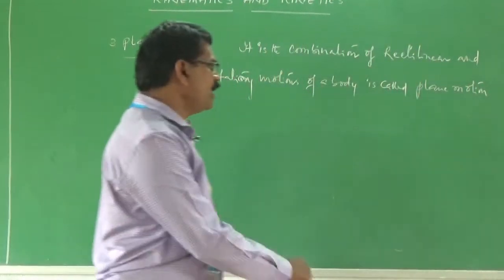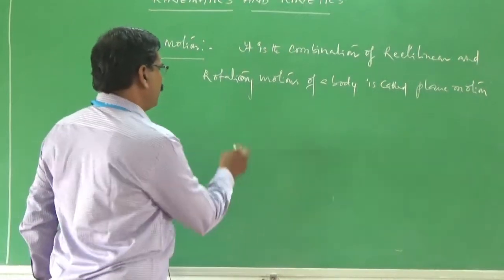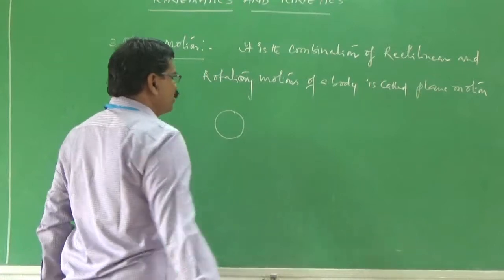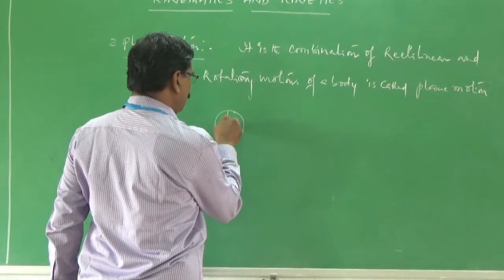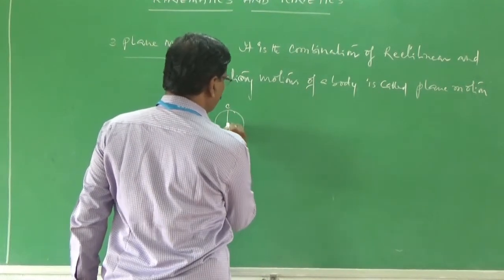If I would like to draw a diagram to explain both rectilinear and rotatory motion, it should be constructed like this. I would like to take first of all a body existing at A, this is a point A, this is a point C, and it goes like this.